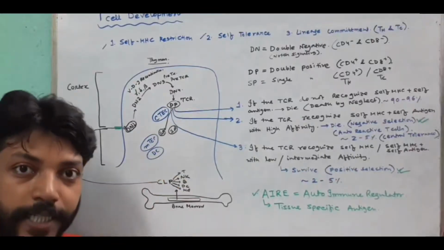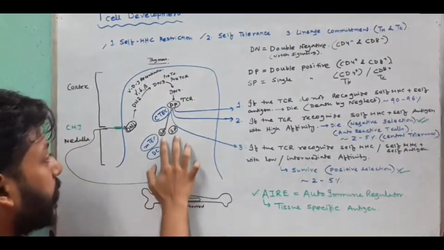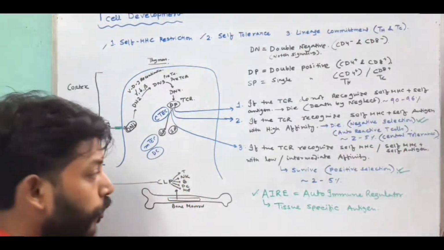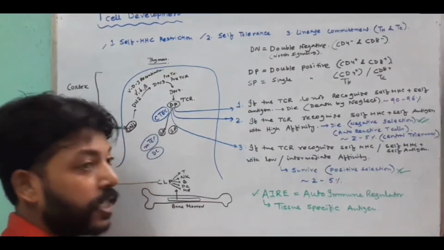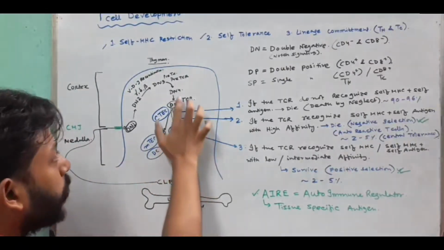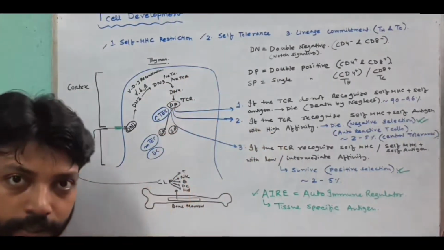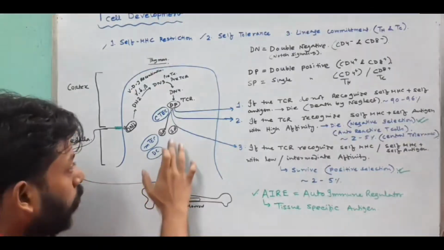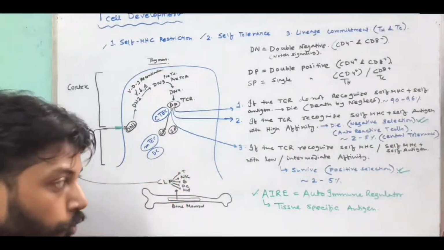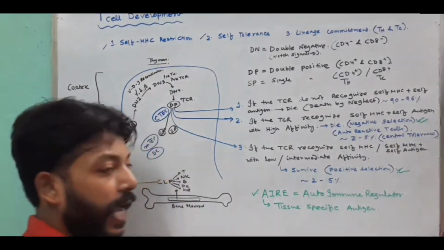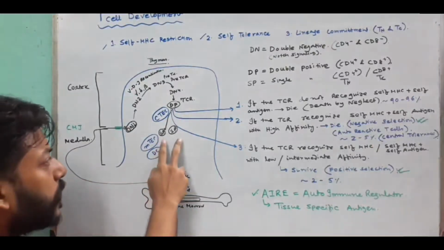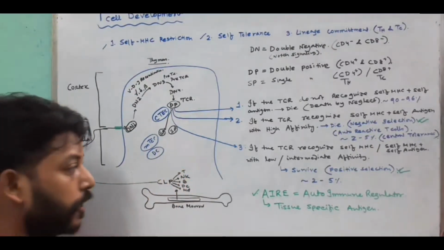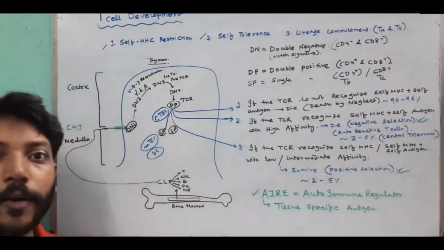But a condition must be fulfilled by the single positive cell: they must not recognize the self-antigen, that is the first condition, and they must not recognize the tissue specific antigen either, because if the single positive cell can recognize tissue specific antigen, it will harm the organ.